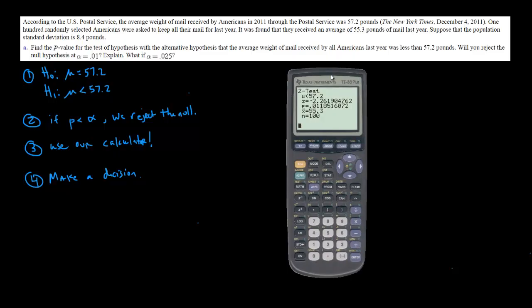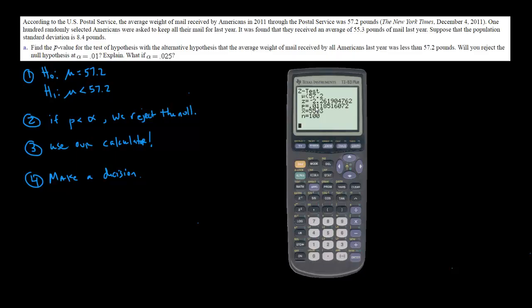Now remember, if p is less than alpha, we reject the null hypothesis. So what is alpha? It says, will you reject the null hypothesis at an alpha level of 0.01? So alpha here is 0.01, and p is 0.011. That's bigger than alpha.